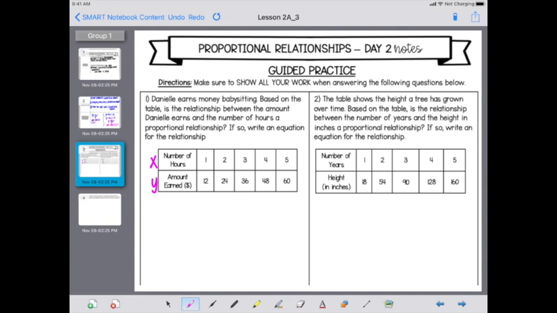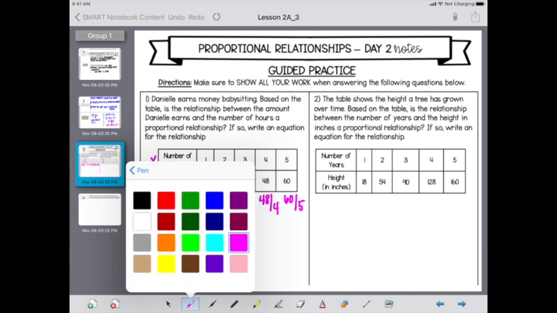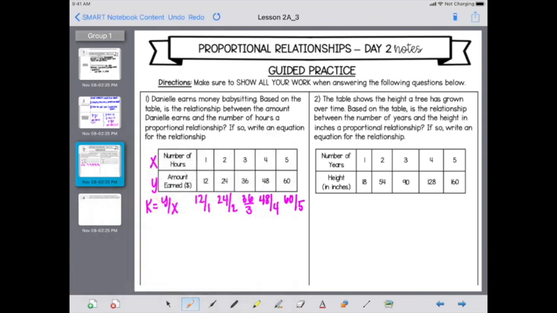So what I'm going to do is I know K is found by Y divided by X. I'm going to say 12 divided by 1, 24 divided by 2, 36 divided by 3, 48 divided by 4, and 60 divided by 5. Basically, I'm finding my unit rate for each one. If I simplify, I'm going to get 12, 12, 12, 12, and 12. So my constant of proportionality, or my K value, is 12.